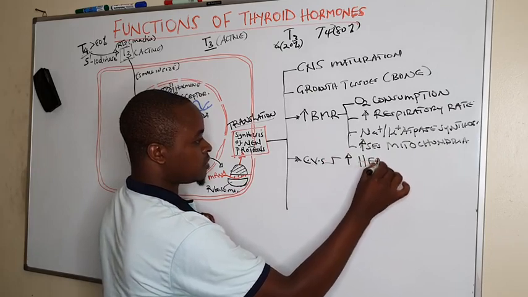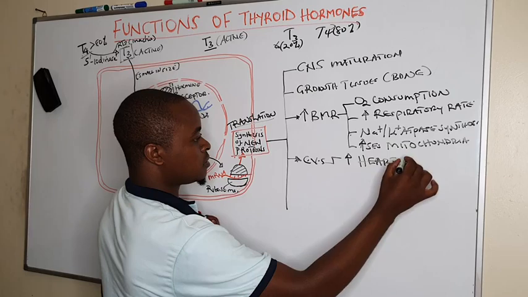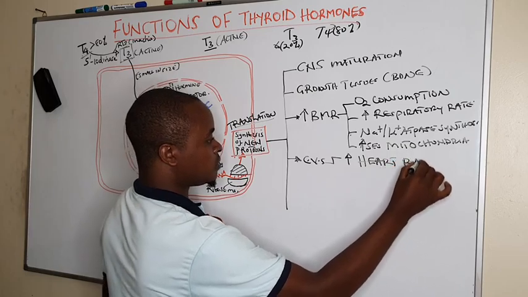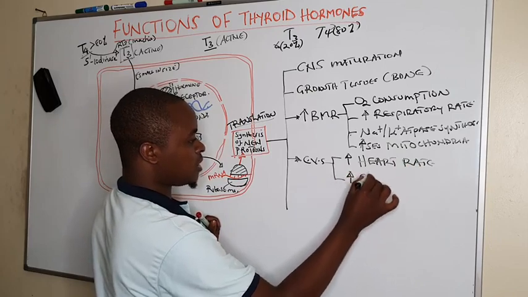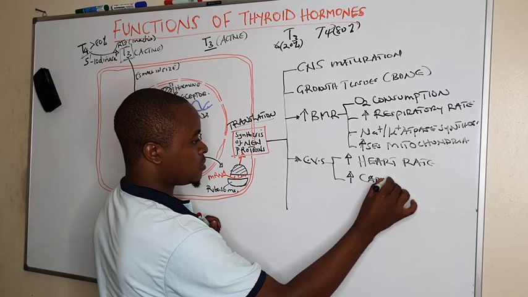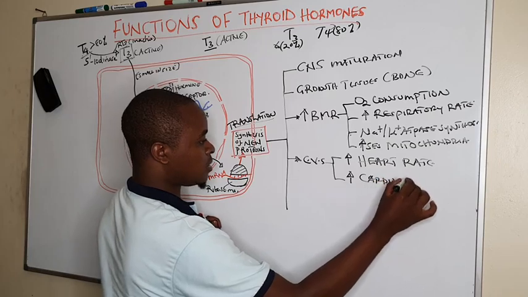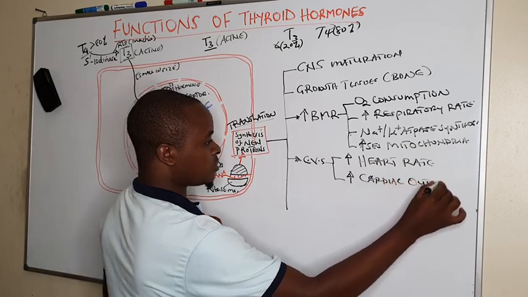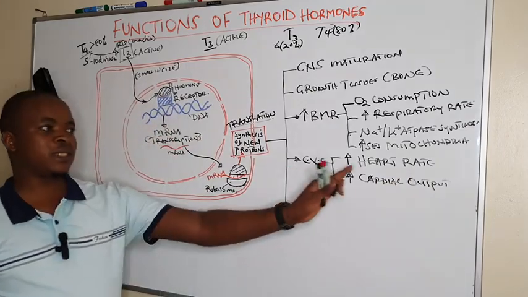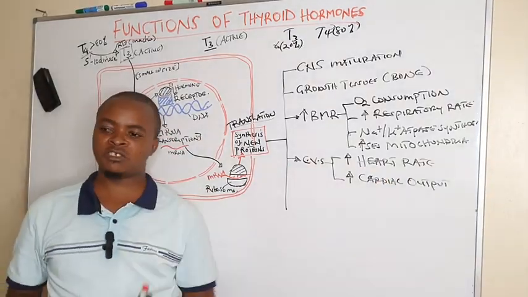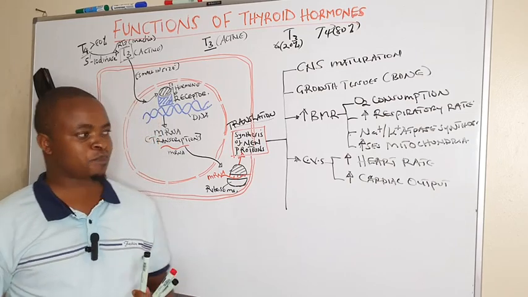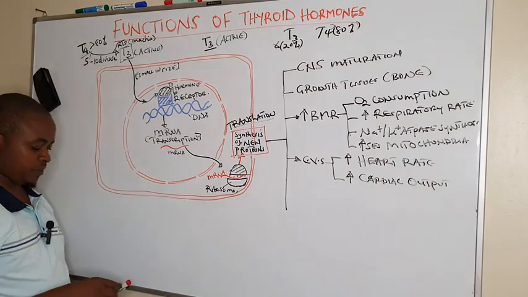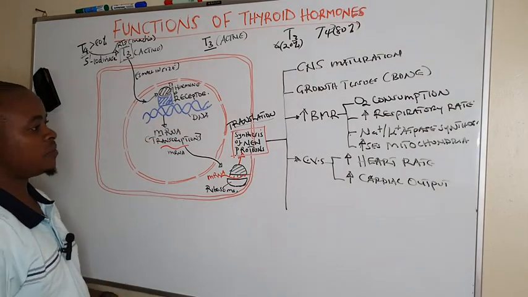There is an increase in heart rate, and this increased heart rate can lead to an increase in cardiac output, and all of these can result in hypertension in case it is produced in higher quantities. That is the effect of T3 and T4.